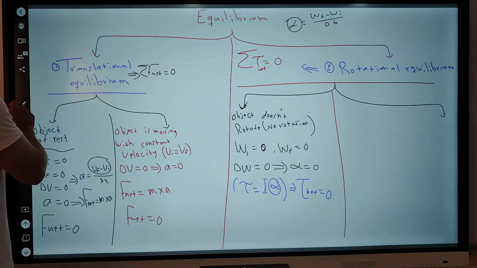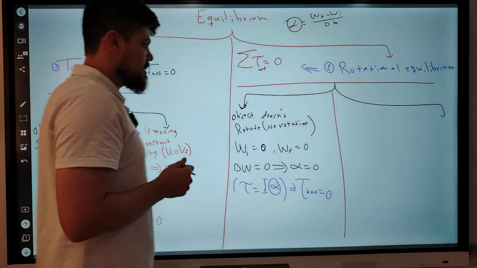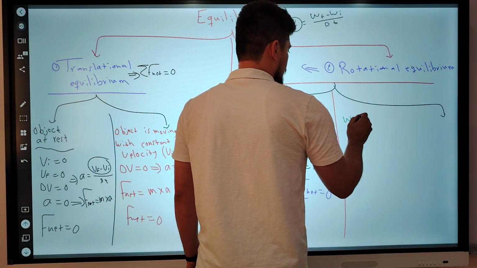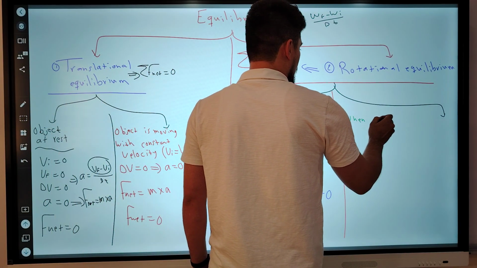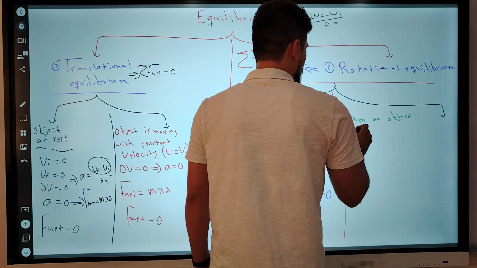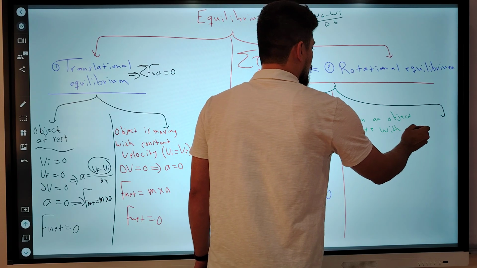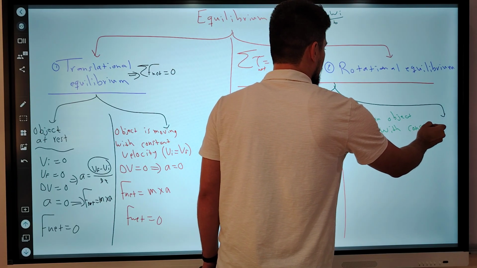Okay? The second case in rotational equilibrium is when an object rotates with constant angular speed.